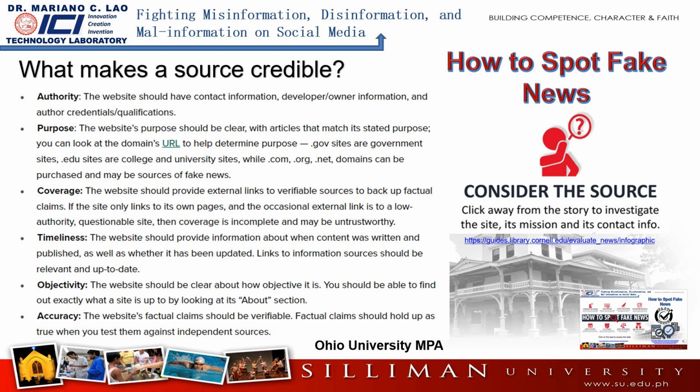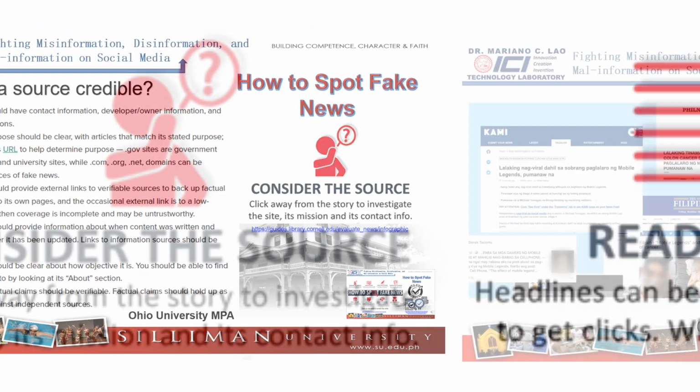Assess its purpose to ensure it aligns with the content, noting the domain type, and coverage to confirm it links to reliable external sources instead of low-quality sites. Finally, ensure timeliness by looking at the publication dates, examine objectivity to detect any bias, and verify accuracy by cross-referencing the information with trustworthy sources.